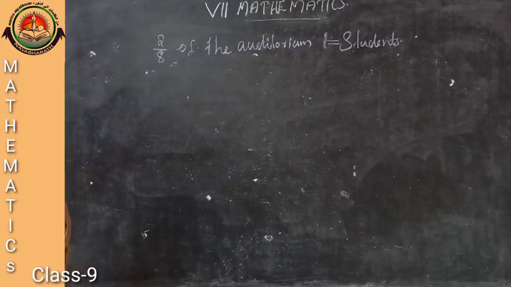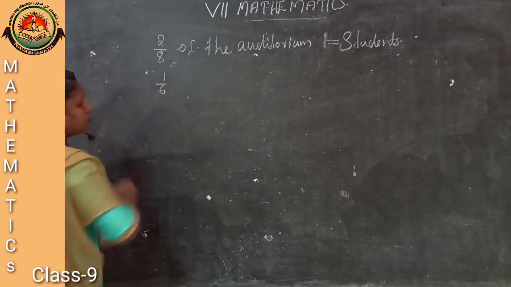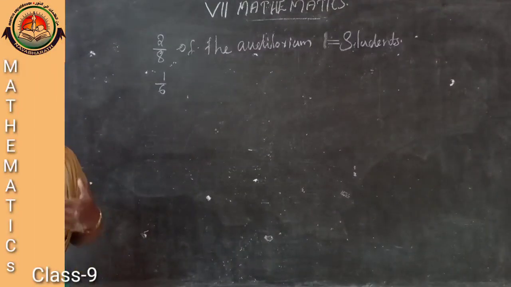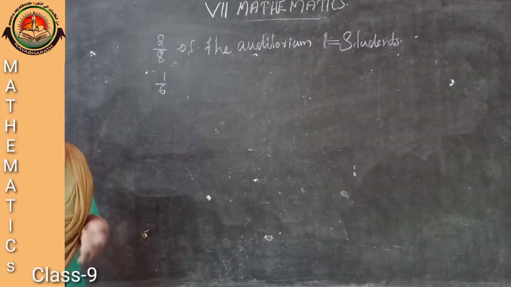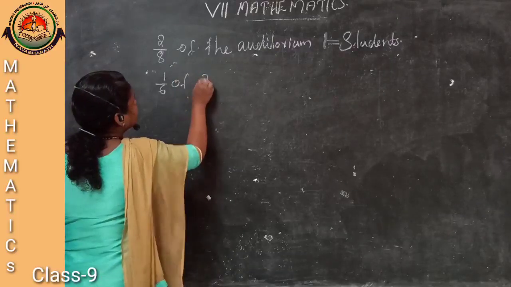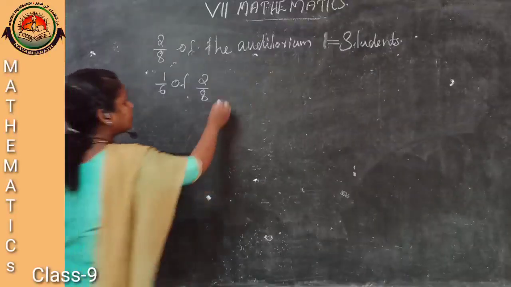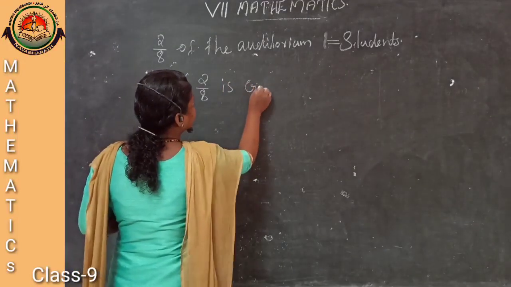And 1 by 6 of what is girl students? 1 by 6 of this 2 by 5 is girls.